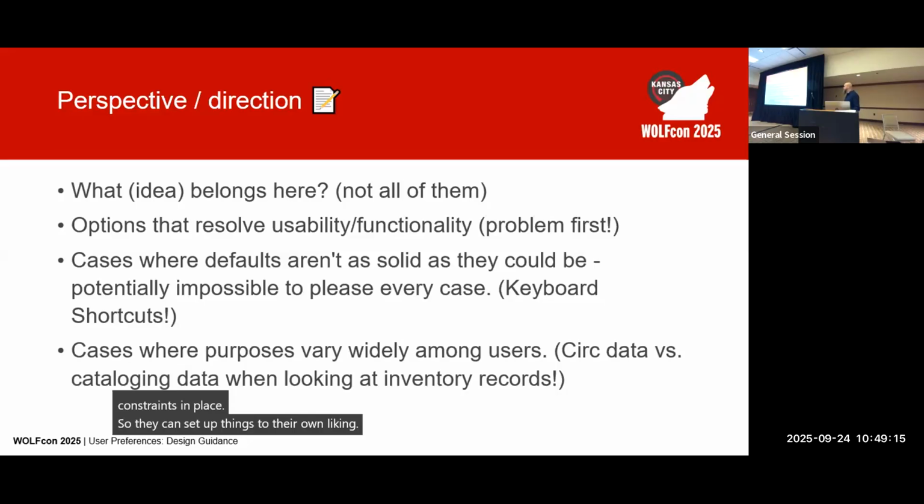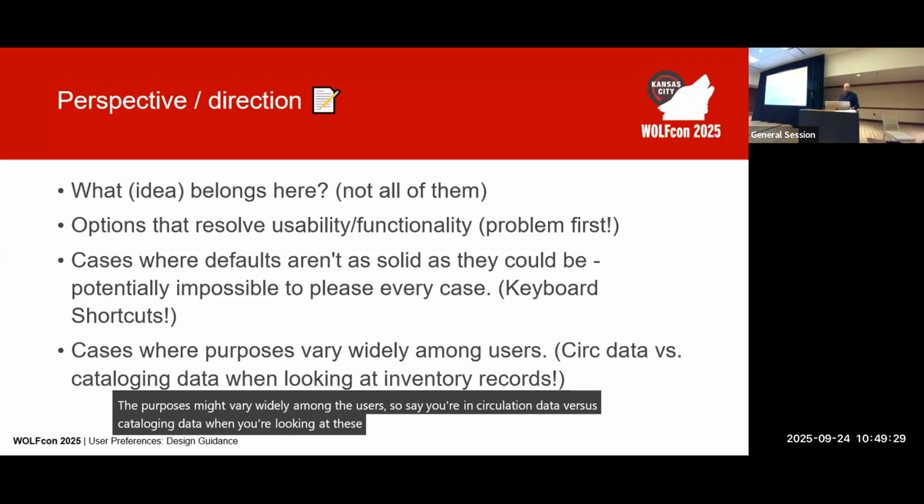And then we have cases where the purposes might vary widely among the users. So say you're in circulation data versus cataloging data when you're looking at these inventory records. Such a data dense interface like Folio has can be a little too much of a good thing.